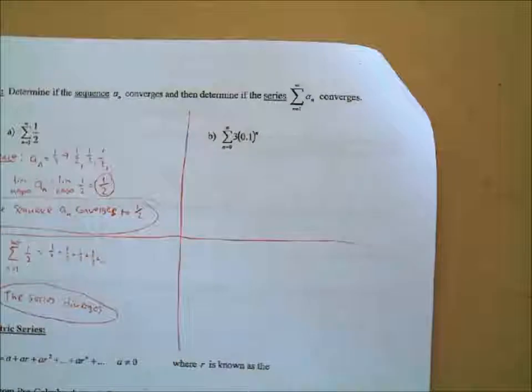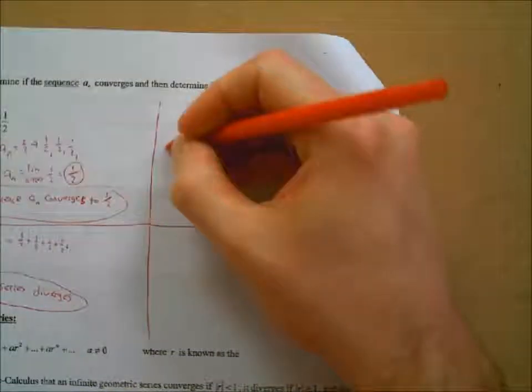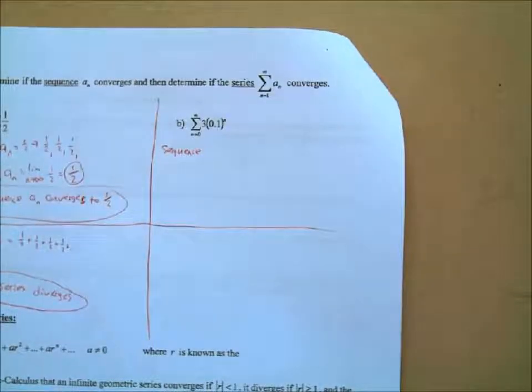So let's take a look at letter B. Let's figure out whether this sequence converges or diverges. We already have the rule, so go ahead and do the calculation that we used here to figure out whether this sequence is going to converge or diverge.